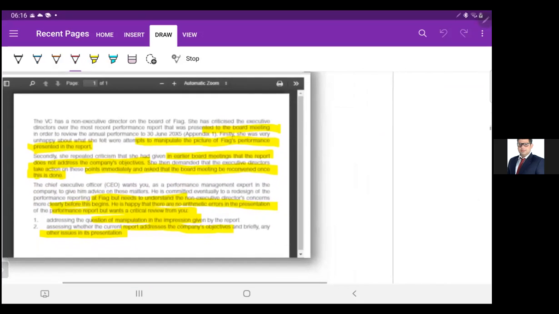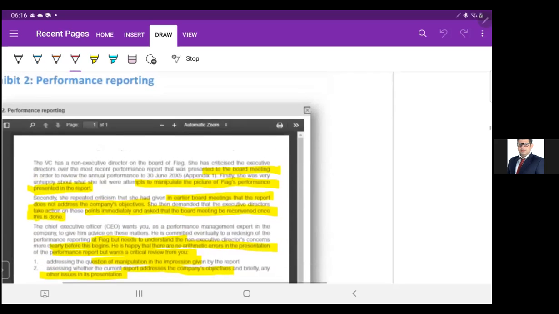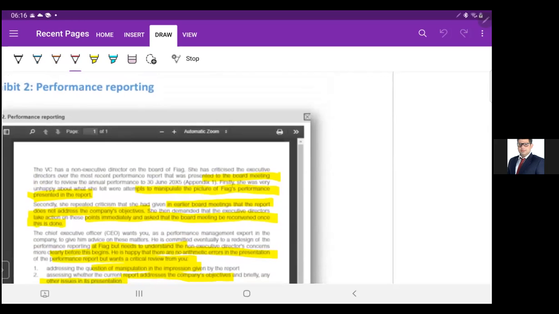Performance reporting, as we can see, again, as you can see over here, let me change my color. Yes. The VC has a non-executive director, Fyag.